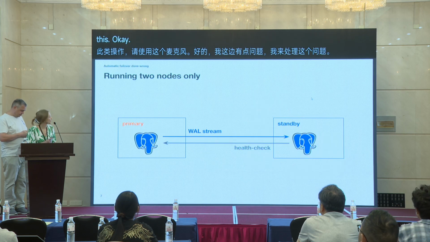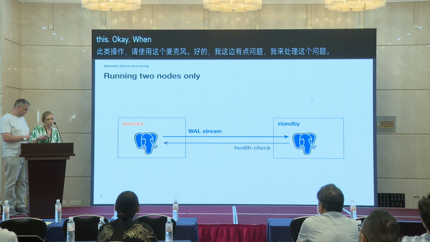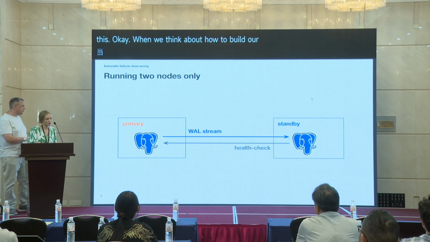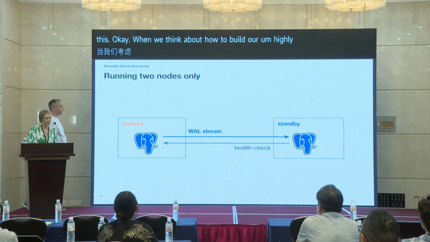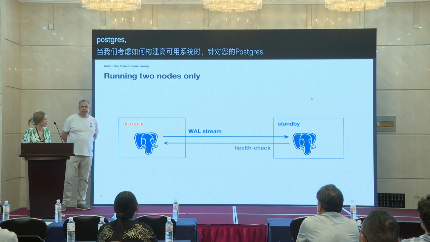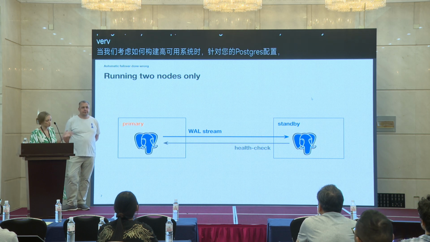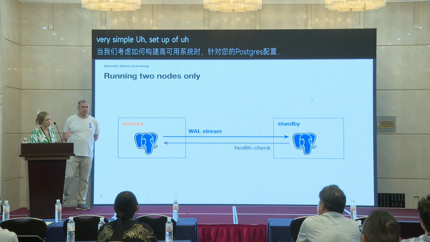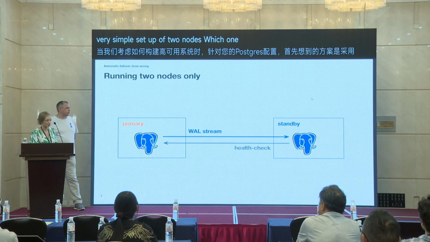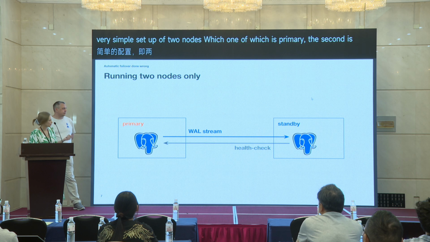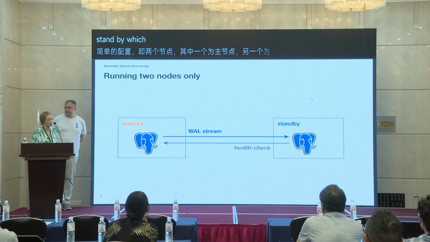So when we think about how to build a highly available system for Postgres, the first thing that comes to mind is a very simple setup of two nodes, one of which is the primary, and the second is a standby, which replicates using WAL streaming from the primary.